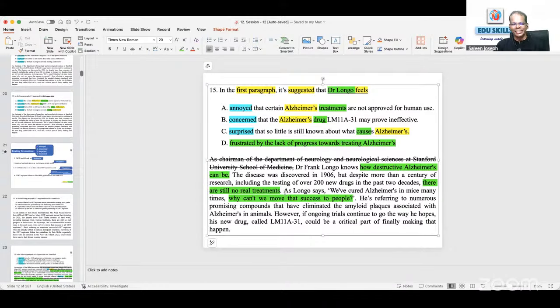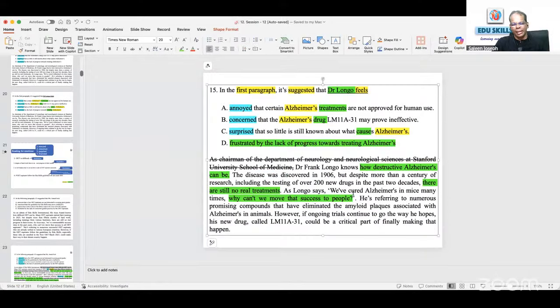Regarding treating. Why can't we move that success to people? We succeed in animals, not in human beings. Again, frustrated, which means there is no progress in treatment. The whole paragraph, the taste, color, smell, fragrance, and everything of the text is frustration.